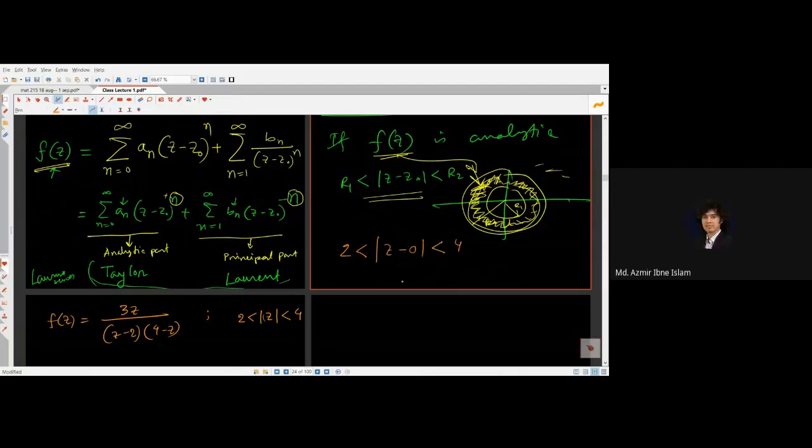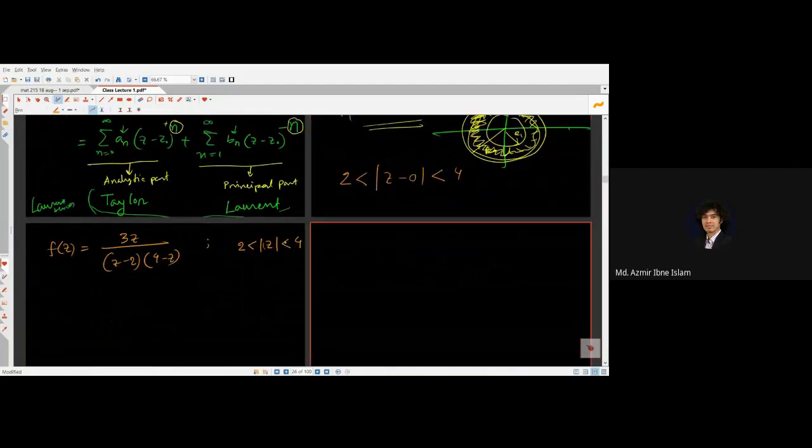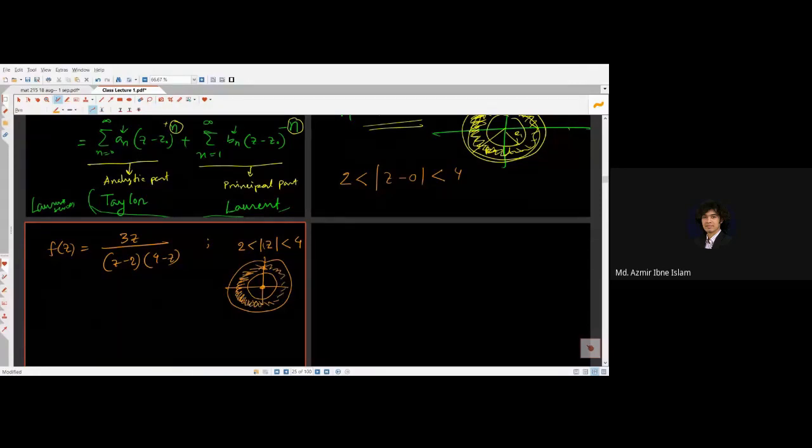Yes, sir. So if we draw this region, z minus z0, with z0 at the center, we have a circle with radius 2 and another circle with radius 4. We have to find a series that is convergent based on this shaded region.